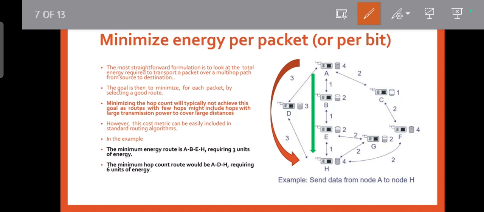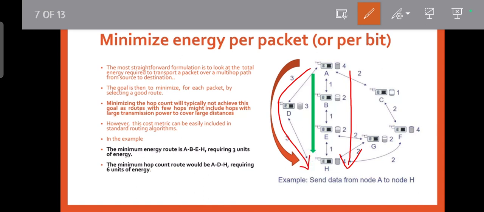The first algorithm is minimize energy per packet. From the name itself, we can conclude that the path consuming the minimum amount of energy per packet has to be chosen. The main goal is to select a good route which consumes only a minimal amount of energy. In this case, we can select the path ABEH rather than ADH.